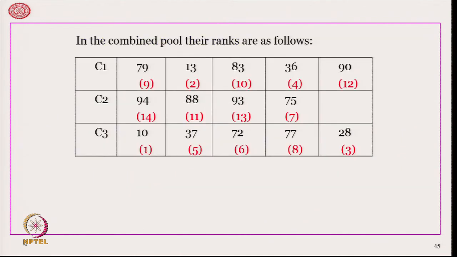So, what we did: we have ranked the combined population, and under this ranking, these are the ranks. 10 is the smallest, therefore it is getting the rank 1, and similarly you can see 13 is getting the rank 2, 28 is getting the rank 3, 36 is getting the rank 4, like that. The highest one is 94, which is getting the rank 14.